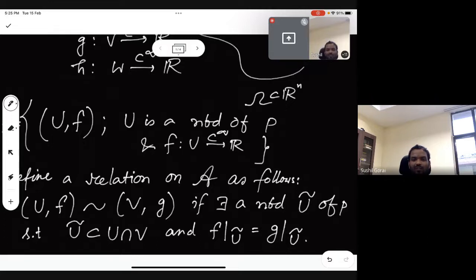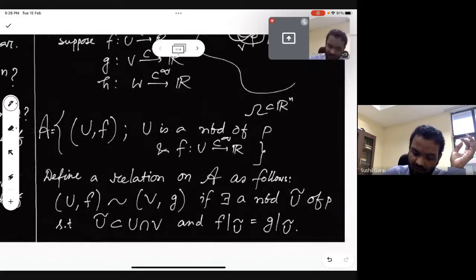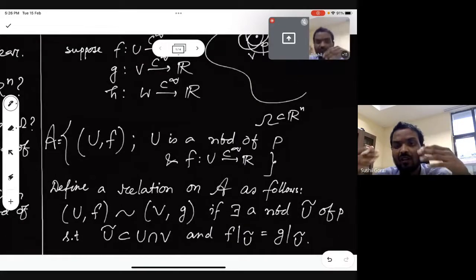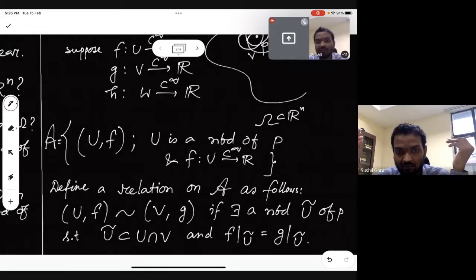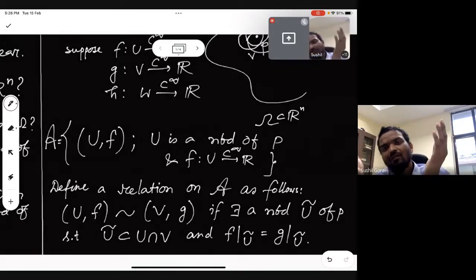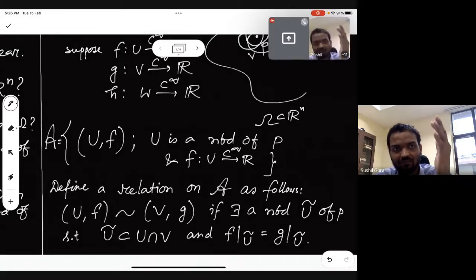Is the relation clear? Any question here? You consider all such functions, but the neighborhood where the function is defined is varying. So you combine the neighborhood and the function.